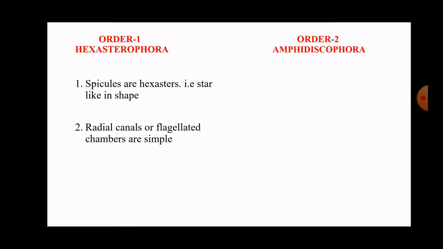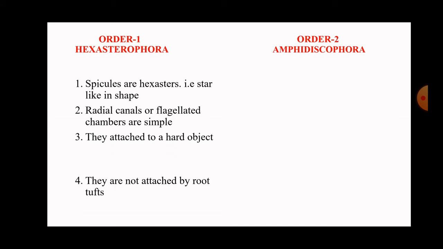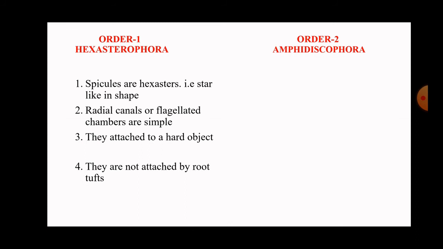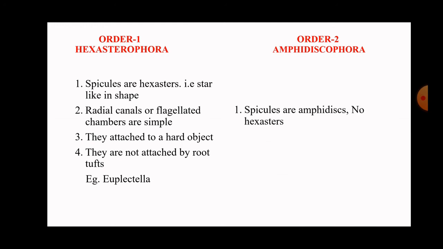And in this order radial canals or flagellate chambers are very simple. And these animals attach to a hard object, but they are not attached by root tufts. Example: Euplectella.